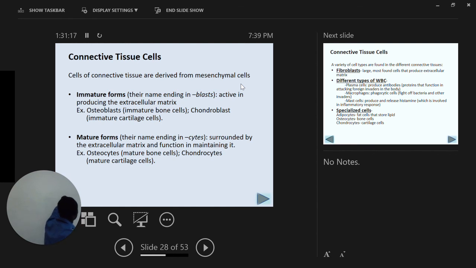Now look at this real quick with my little time. Chondroblast is immature. When it matures, what's it going to become? Chondrocyte. Osteoblast is immature. When it matures, what's it going to be?